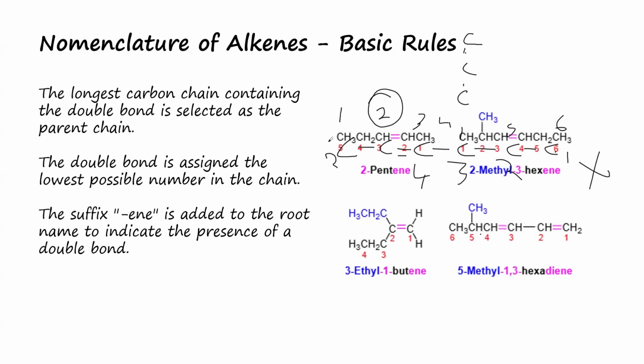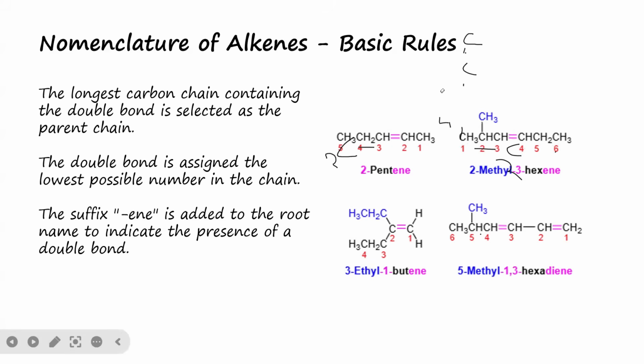So this is actually a typical example, as we can see, ladies and gentlemen. Let me delete this so that it will be much clearer. If you look at this one, ladies and gentlemen, why is it that while naming the compound, you see that it started from here as 1, 2?